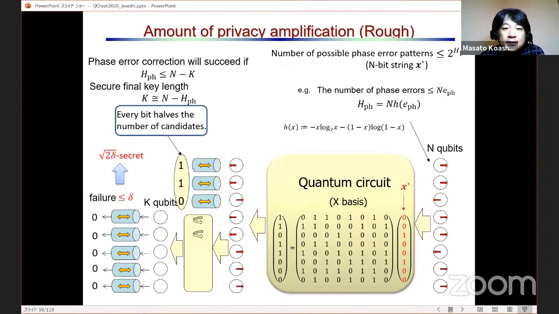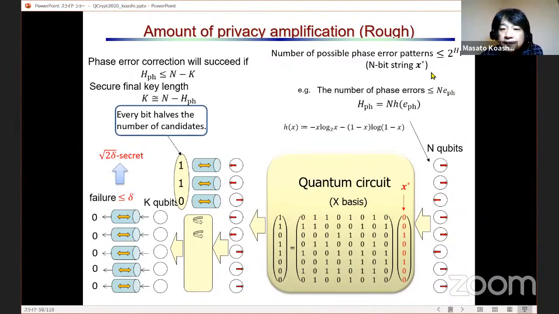Now, what about the amount of privacy amplification? So what about the length of the final key in terms of this initial promise here? So suppose that the number of possible phase patterns, so possible strings, is upper bounded by some number 2 to the constant number. For example, if there is a promise that the number of ones is upper bounded like this, then this constant is given by this n times the binary entropy of this ratio here.